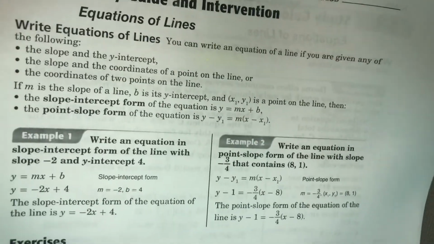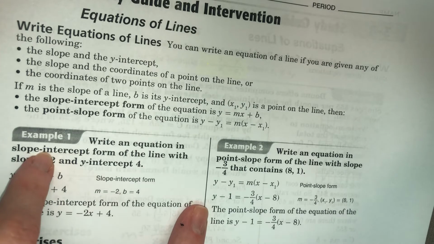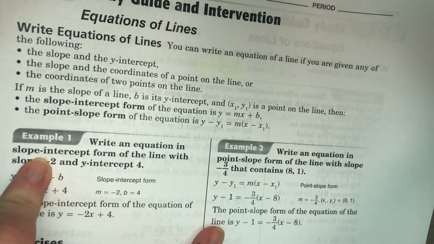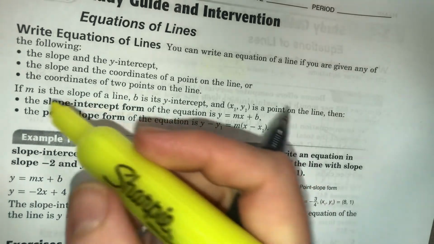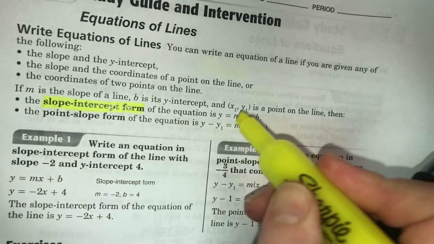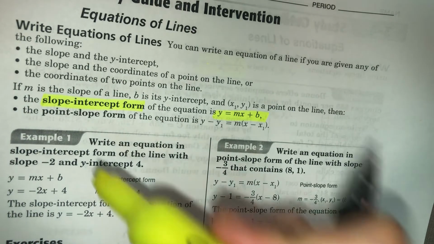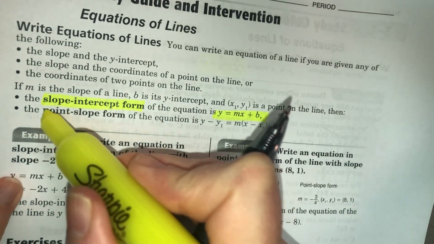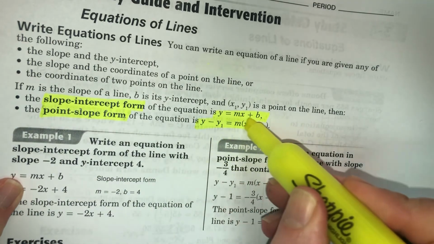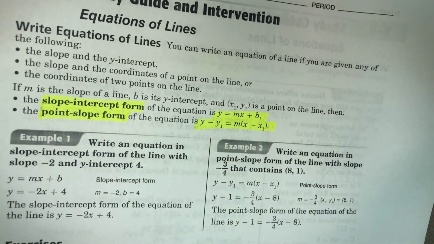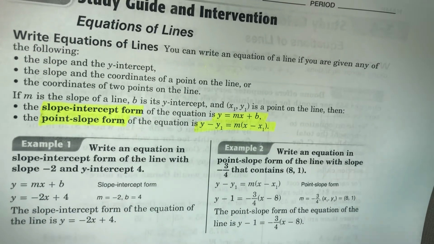The next page has equations of lines, which you also learned in Algebra 1. You probably used slope-intercept form, which is y equals mx plus b the most, but you probably also learned about point-slope form of a line, the y minus y1 equals m times x minus x1 form, okay?